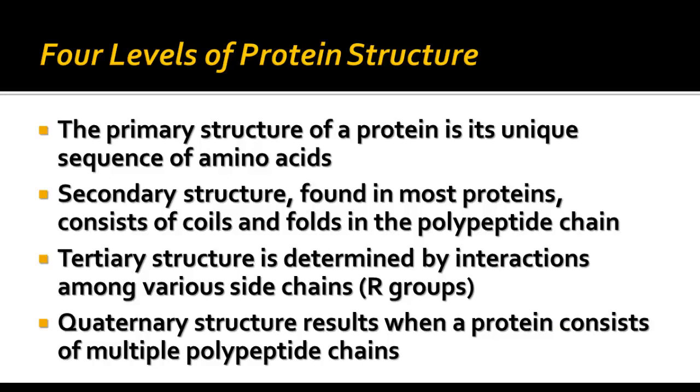The tertiary level of structure is formed by interactions among the side chains or R groups, because some of them may be polar, some of them may be hydrophobic or hydrophilic, and they're going to form various kinds of interactions with each other, like van der Waals forces and hydrogen bonds and so forth. The quaternary structure occurs when you've got a protein that's made up of multiple polypeptide chains that fit together in a certain way. And so we're going to look at each one of these.